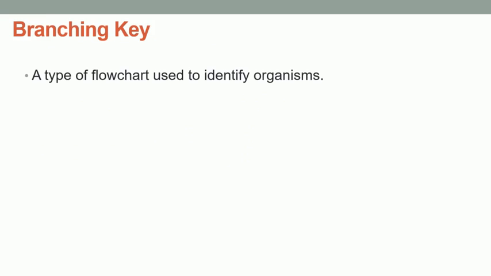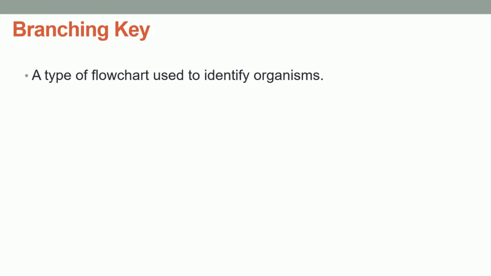So as the name suggests, it is a branching type of a key or a flowchart type of a key. It is basically the flowchart type of a key which is used to identify organisms.